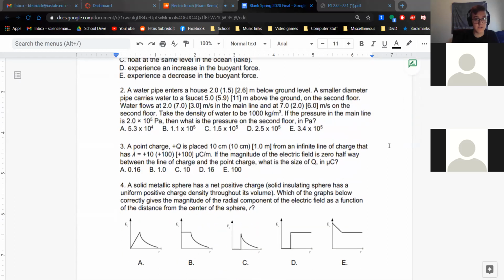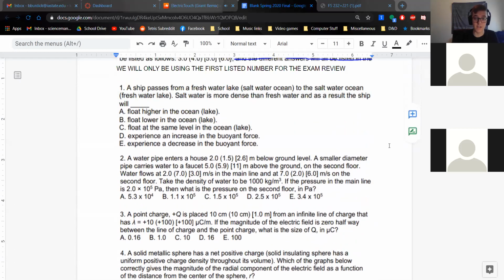No, that is not true, Andrew. So that's a very good point. It does seem like D would be true, but it's not for number one, because the buoyant force has to be equal. That's a good point. It does experience an increase, but really it's the same, because it's the condition for equilibrium, right?